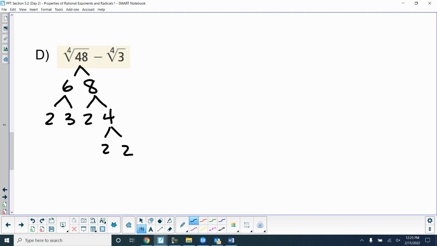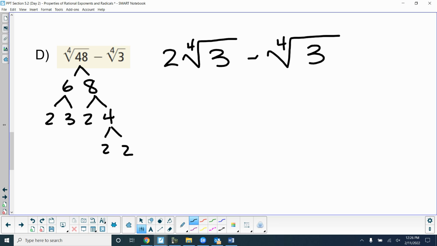So what can I pull out front? 2. Is there any number left? 3, right? Are these like radicals now? Yes. So what's 2 minus 4? You don't have to put the 1 in front if you don't want to.